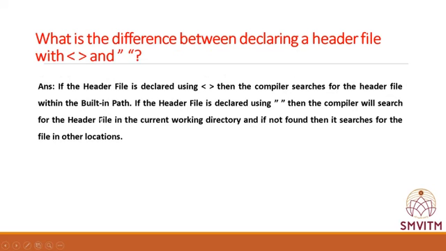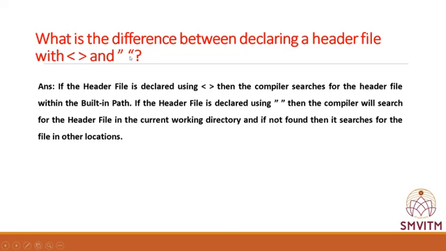The third question is, what is the difference between declaring a header file with the less than and greater than symbols, and with double quotes? Both are different. If the header file is declared using the angle brackets, then the compiler searches for the header file within the built-in path.